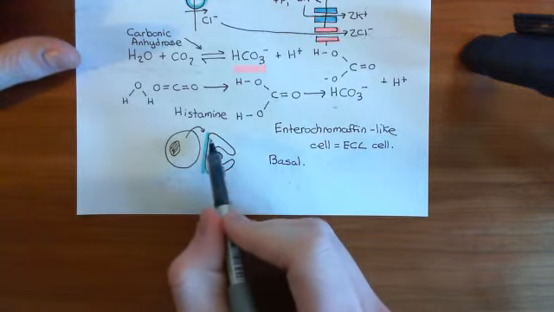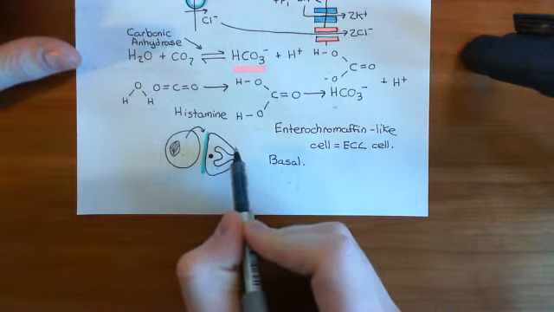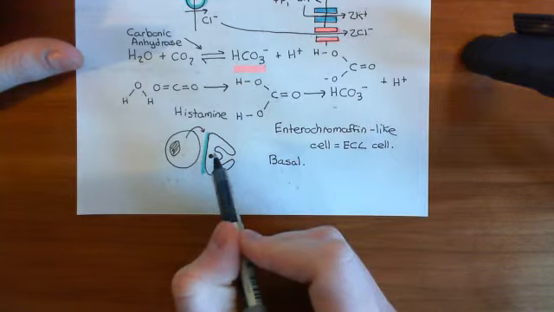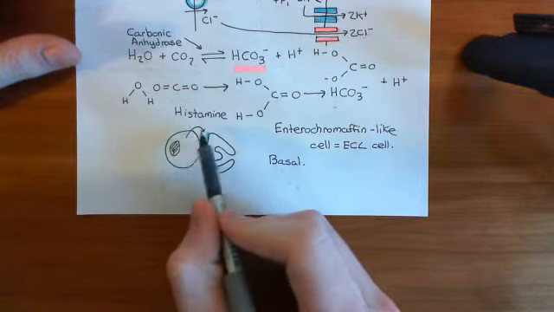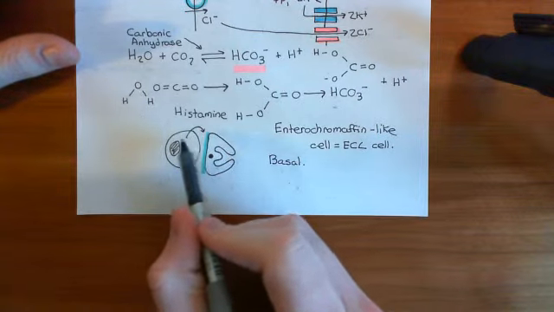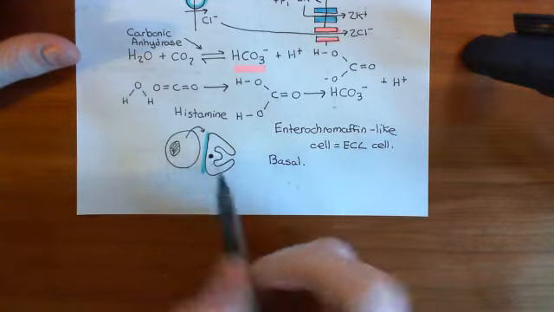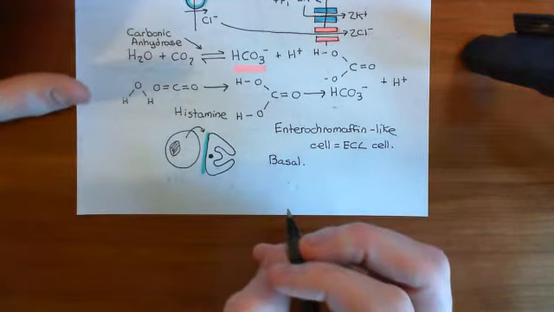Okay, so if they receive more histamine, they will secrete more hydrochloric acid, and if they receive less histamine, they'll secrete less hydrochloric acid. So these enterochromatin-like cells are always secreting a little bit of histamine, and therefore the parietal cells are always secreting a little bit of hydrochloric acid.